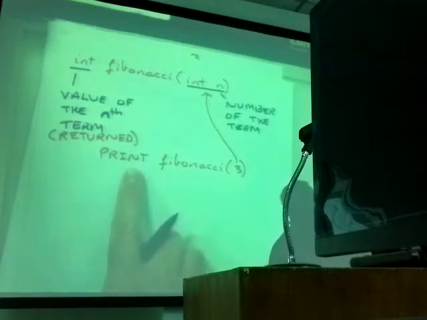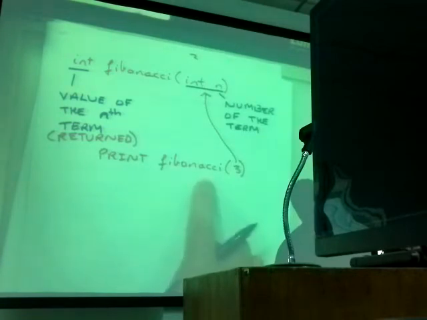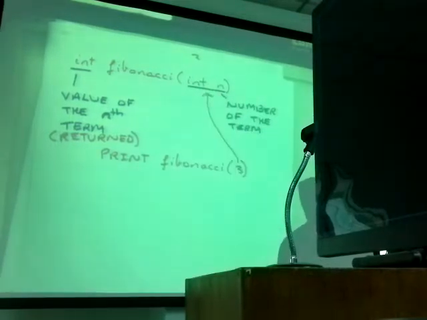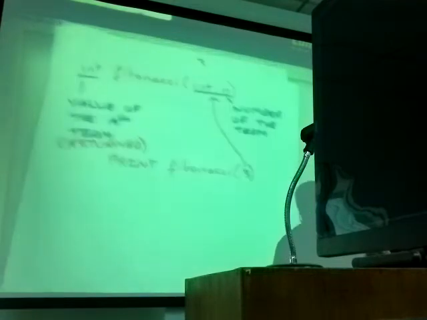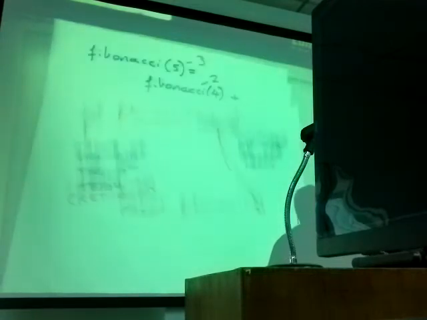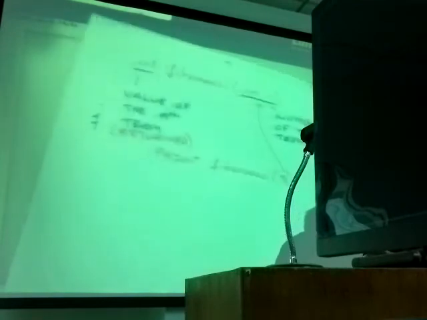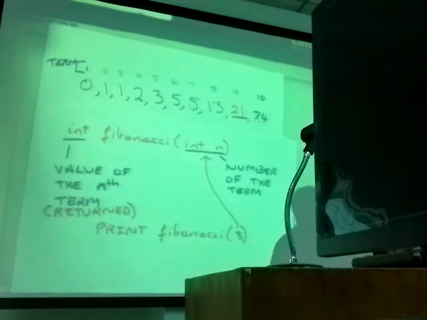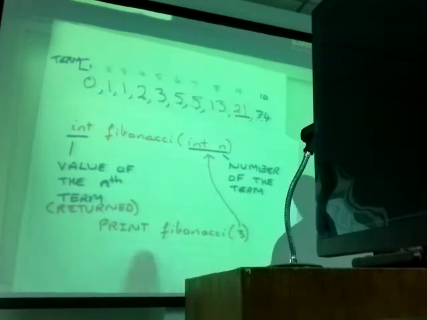So in this case, we print the result of Fibonacci 3. So 3 is given to the function. What value is returned from that function in this case? What value would you expect to be printed?